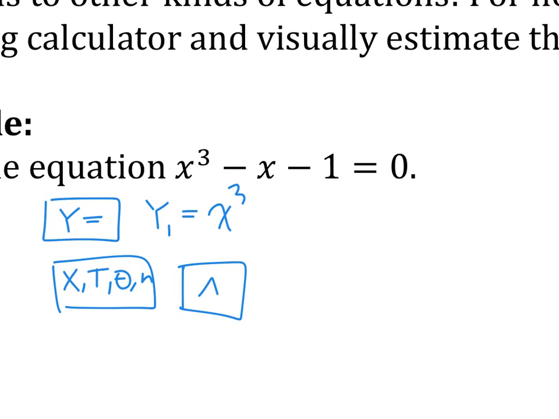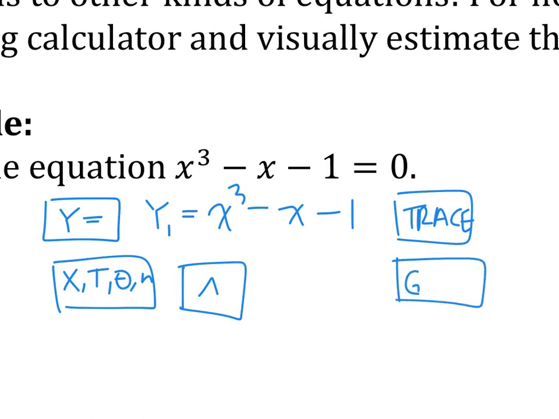And then you're going to scroll over to the right, so you're not in the exponent position anymore, and then minus x minus 1. Okay? And then you're going to click either trace or graph.